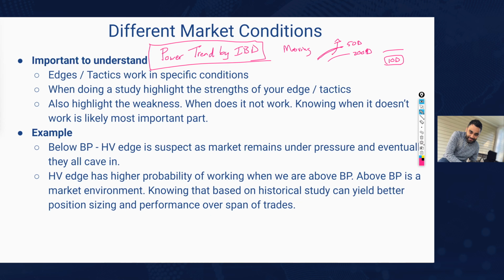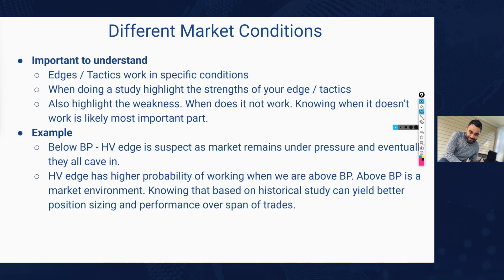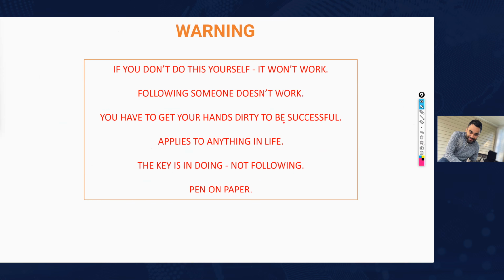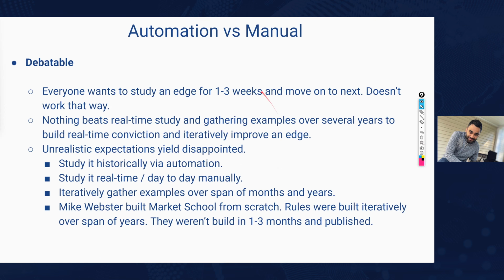That's why it's important to do both. If you just study and find 20 years worth of examples, that's good. You can visually see what's working and come up with new entry tactics.